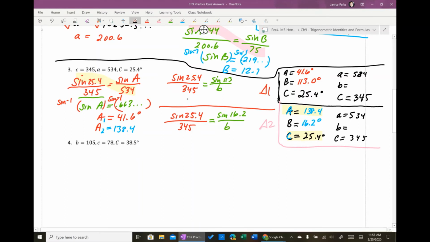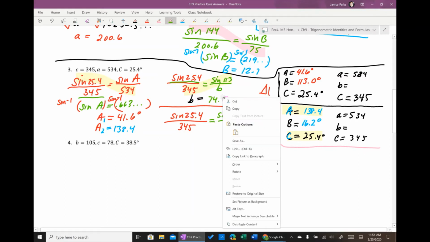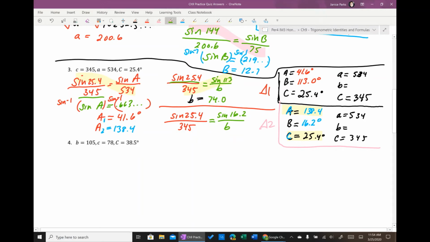When I cross multiply for the first one, you're going to end up getting b is equal to, and again, you're multiplying these two together, and then you're going to divide by sine of 25.4. So for the top triangle, you're going to get b is equal to, oh no, I'm sorry, you're going to get 740.4 because it has to be the longest side.